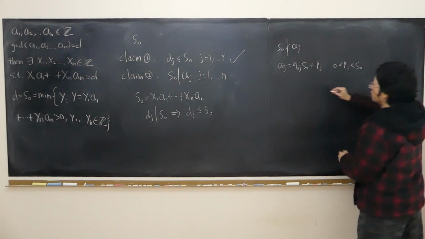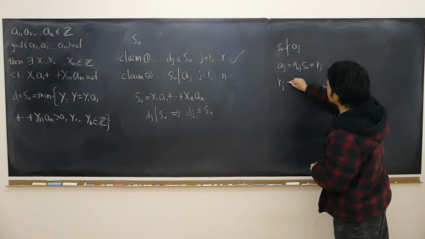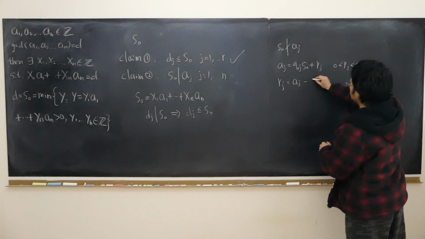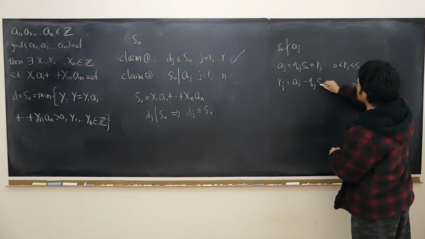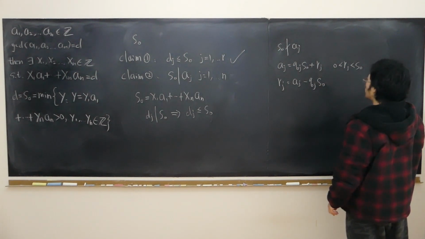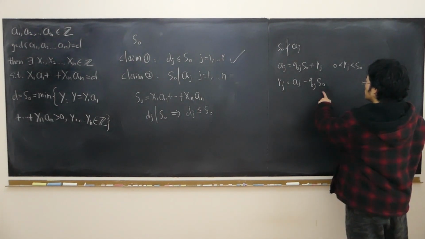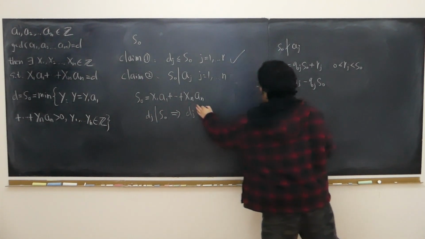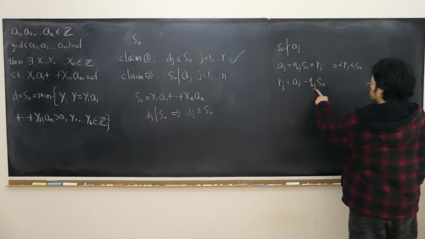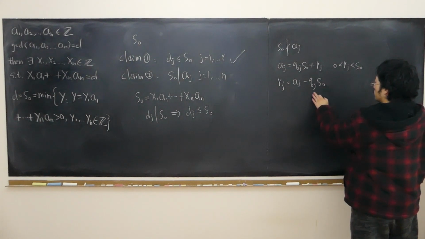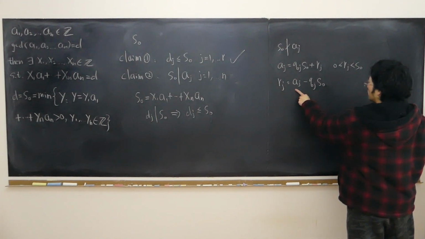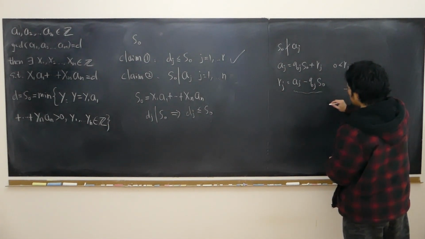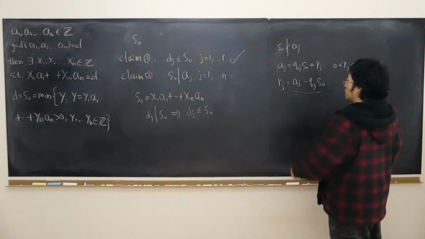In that case, let me just rewrite rj as aj minus qj times S0. Since I know S0 is already a linear combination of the candidates, if I multiply by qj it is also a linear combination, and I have aj, so all in all, this is still a linear combination of my candidates.